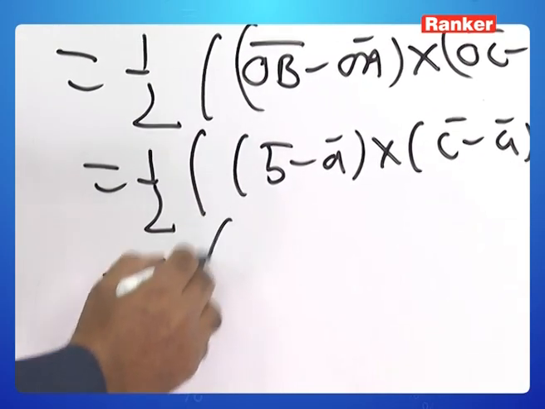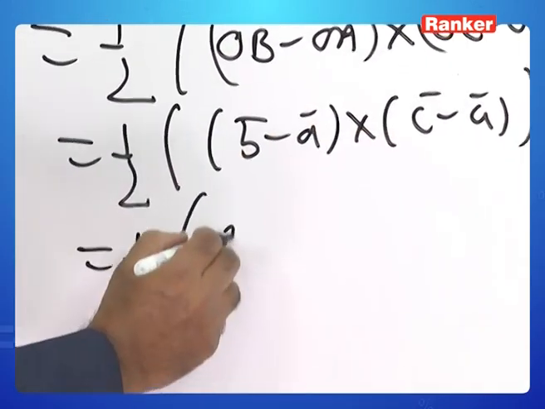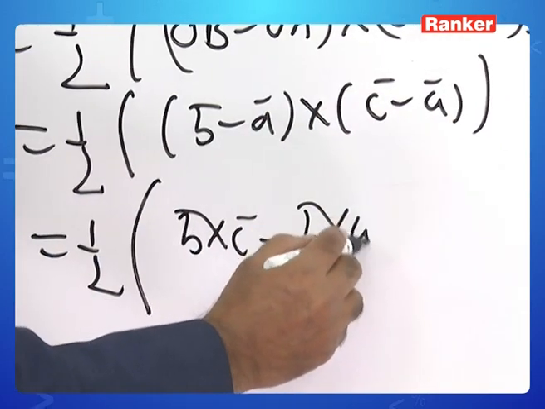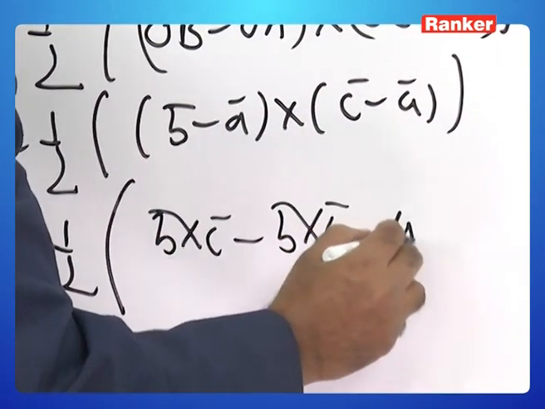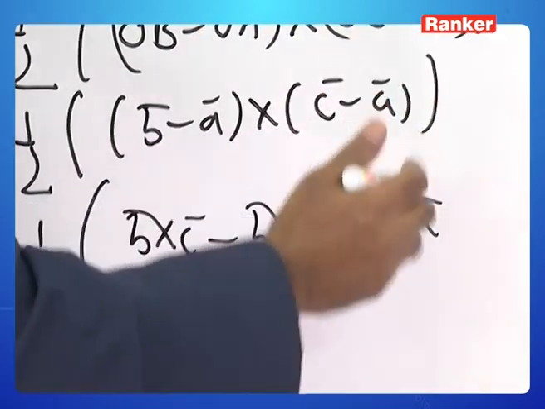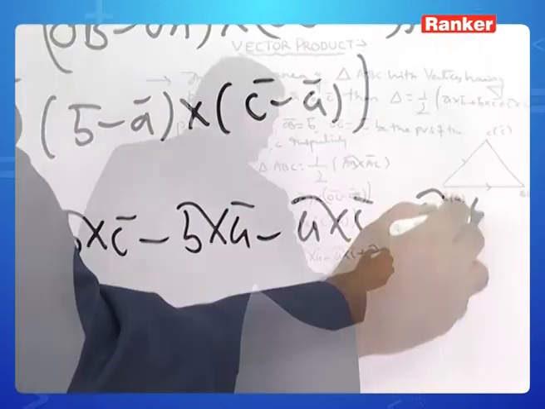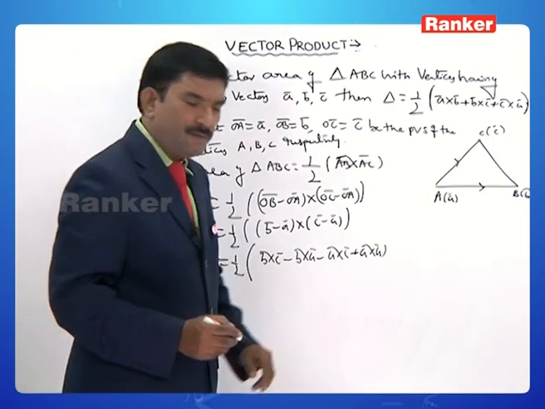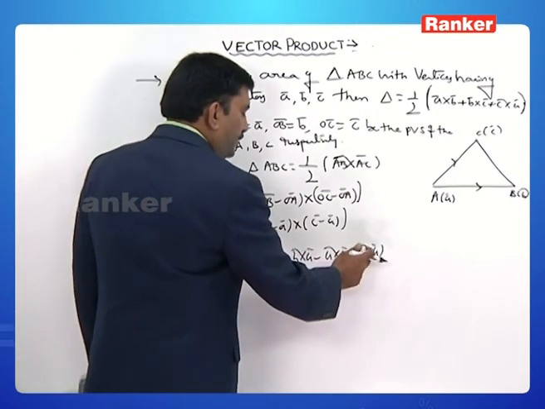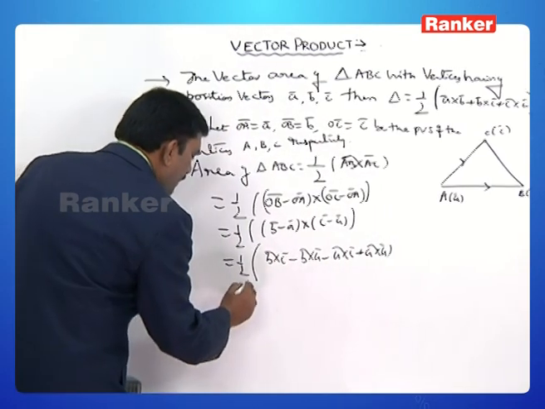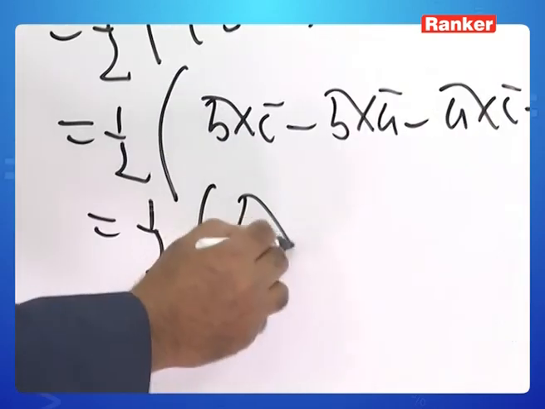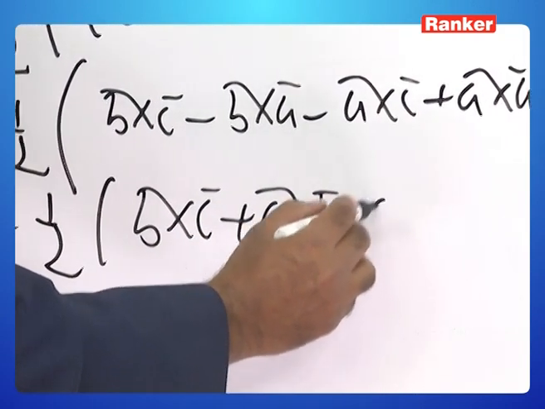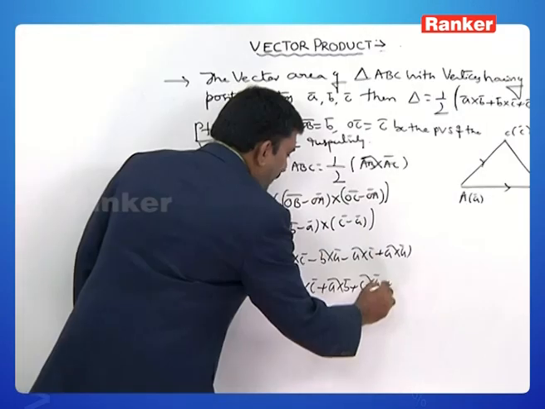Take ordinary cross product: B cross C minus B cross A minus A cross C minus of minus A cross A. Followed? What is A cross A? 0. Now I change it as B cross C, this is A cross B, this is C cross A plus 0.